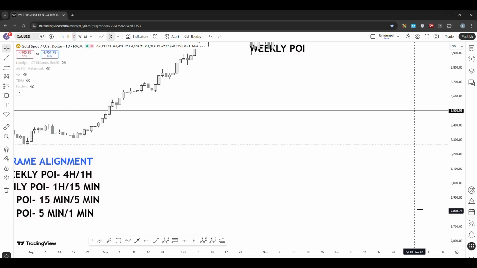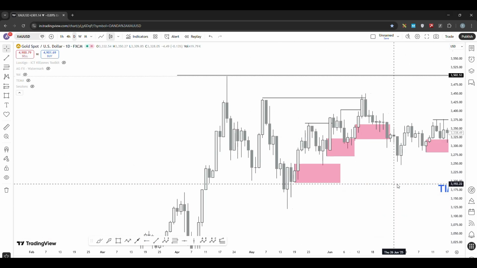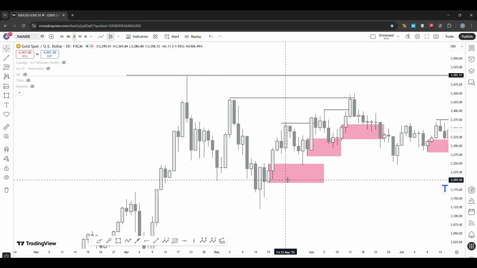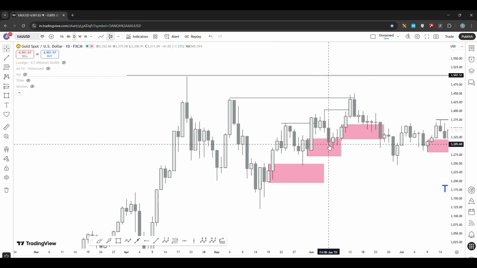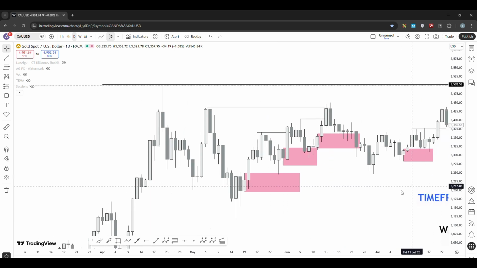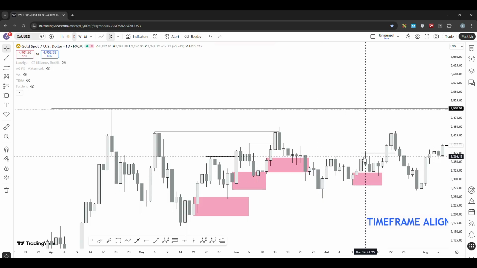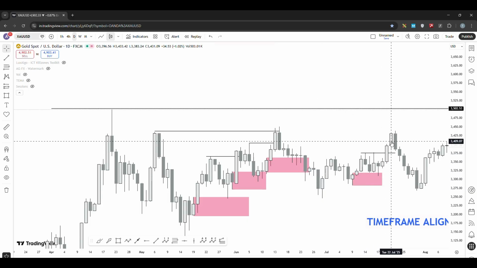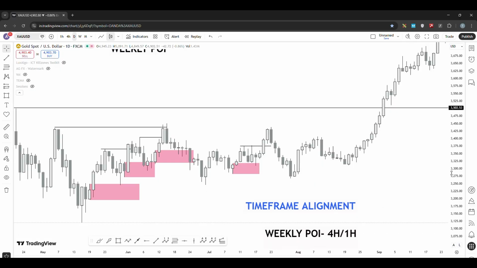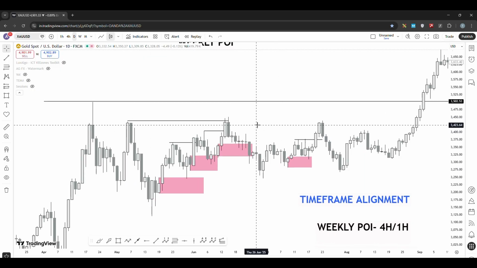Also in the daily, all the examples that were shown, market moved from daily point of interest to daily liquidity. So your liquidity will be in the same time frame where you are looking for the point of interest.